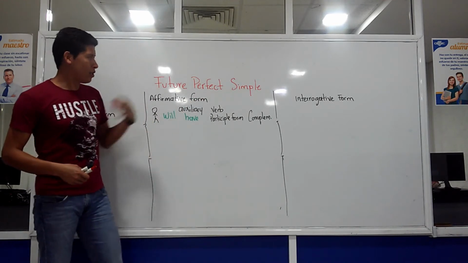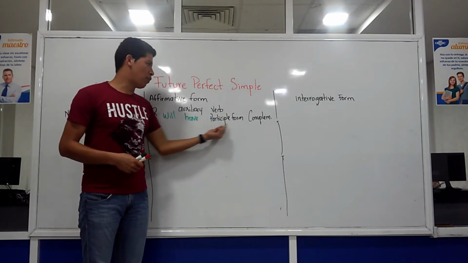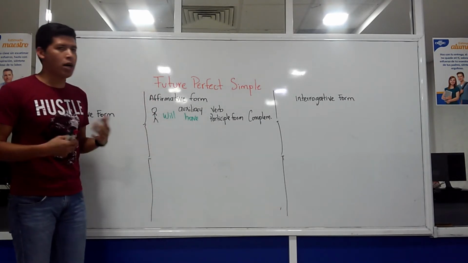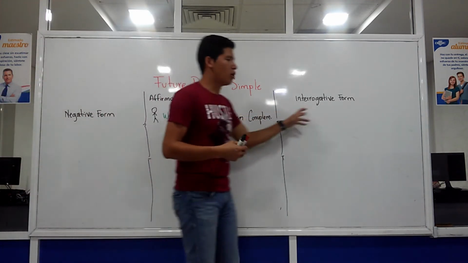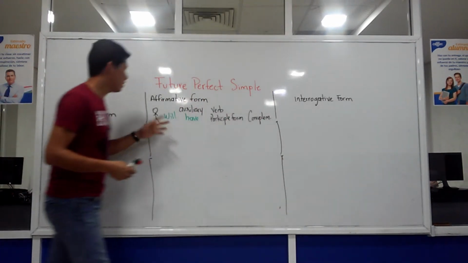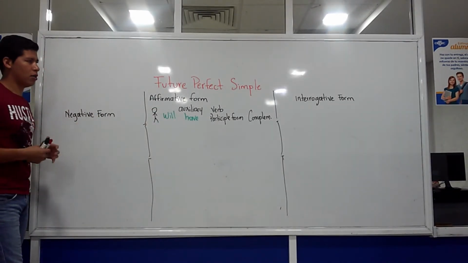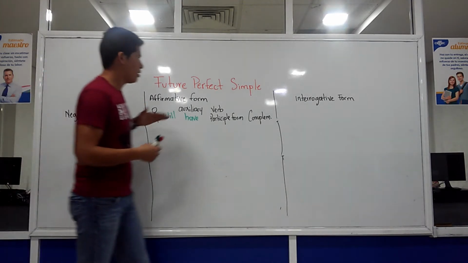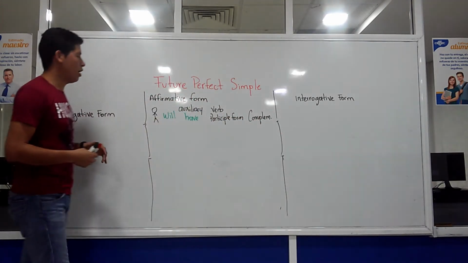And it's simple, so we use a verb in the participle form. We are going to note these terms: future perfect simple, interrogative form, affirmative form, and finally negative form. They are the statements or sentences we use in this tense.